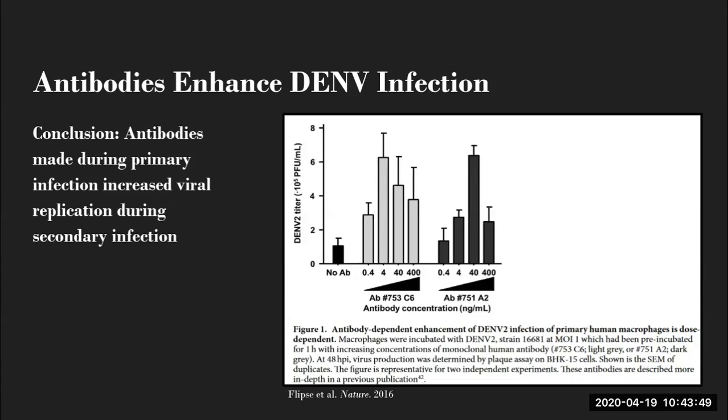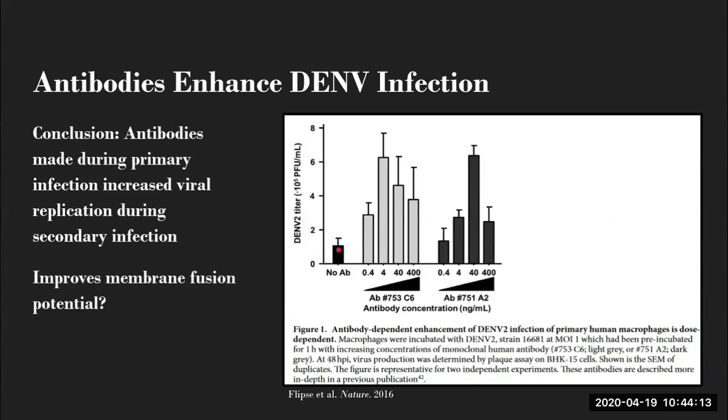And so the conclusions from this paper here were that antibodies made during that primary infection increase the viral replication. They actually make it worse. If you have antibodies to a different serotype and you're infected on a secondary infection with a different serotype, your outcome is actually worse. And so we see that here.